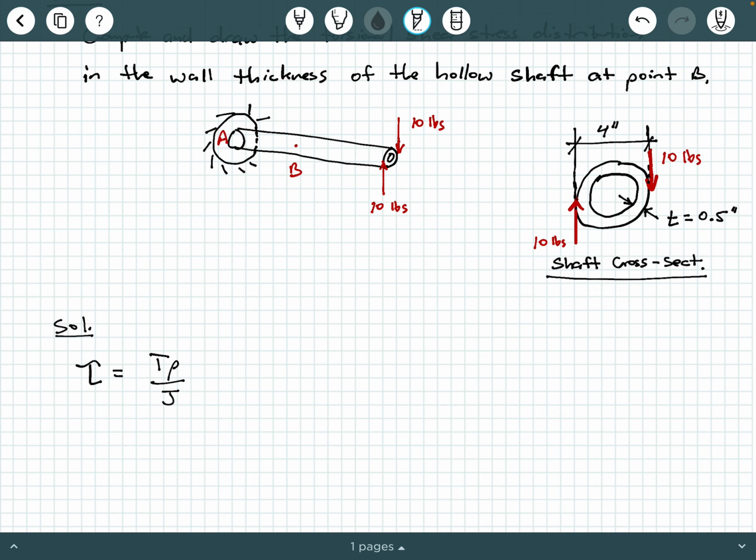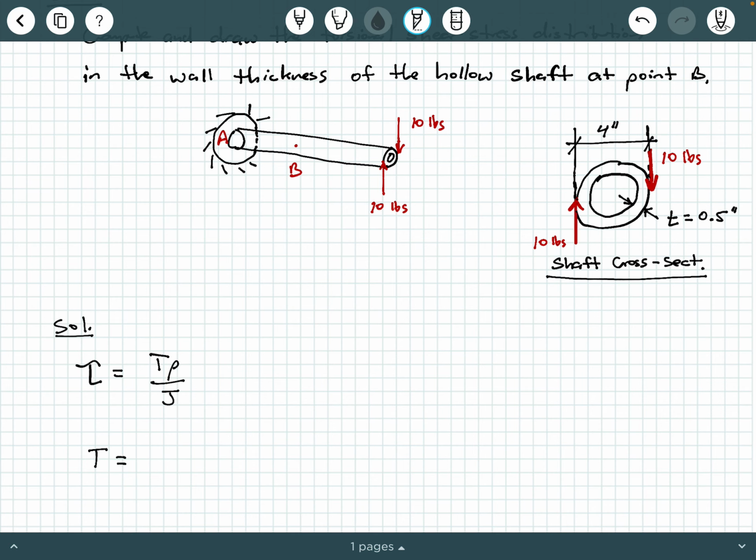So let's figure out which of these terms we can easily get. First, what is the torque moment going to be equal to? It's not explicitly given, but you have these couple forces on either edge of the shaft. If you remember from statics, couple forces are two forces of equal magnitude pointing in opposite directions, and they cause a tendency of rotation.